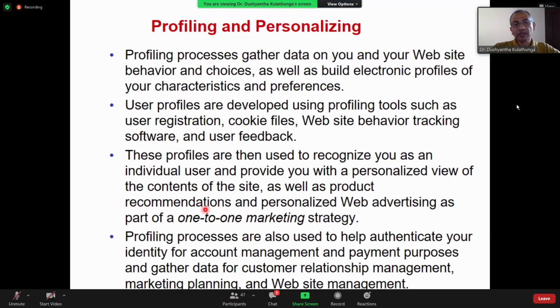So therefore, from time to time, the organization is in a position to come up with these recommendations based on what they have gathered in their electronic profiles.